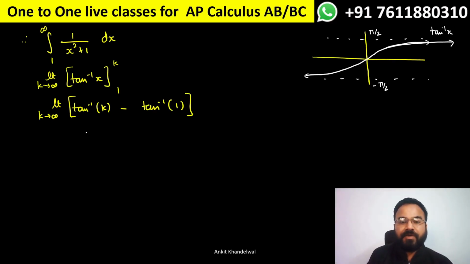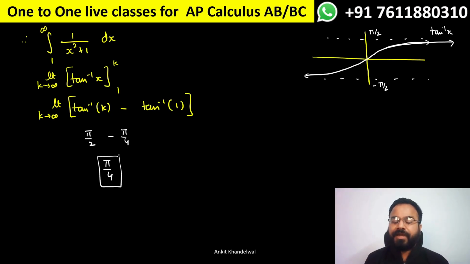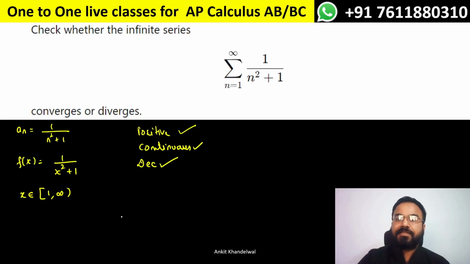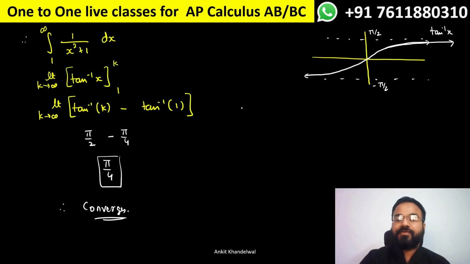So this part will become pi by 2 only. And tan inverse of 1 we already know, it's pi by 4. So pi by 2 minus pi by 4 is pi by 4 we are getting. So pi by 4 is a finite number. Therefore the integral converges, so this particular series also converges, because we are getting an integral that converges, so the series also converges.